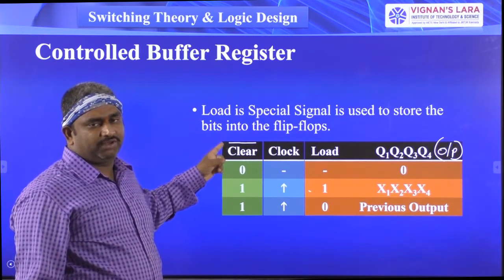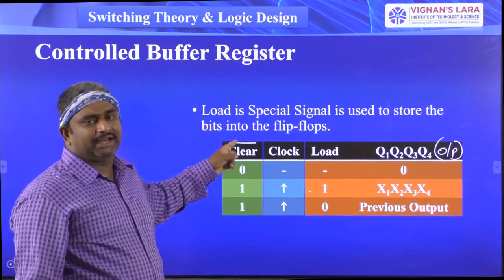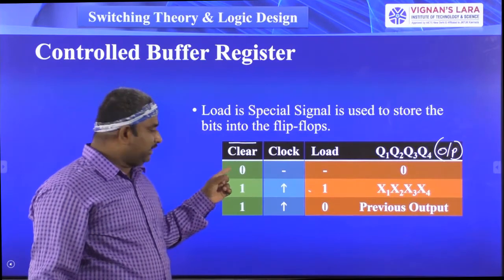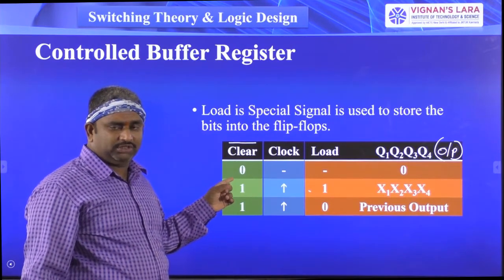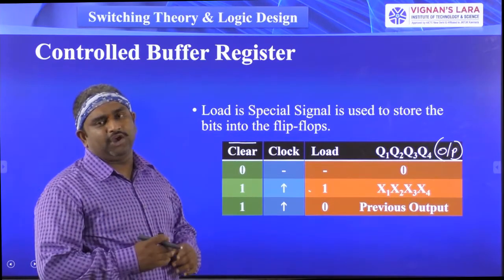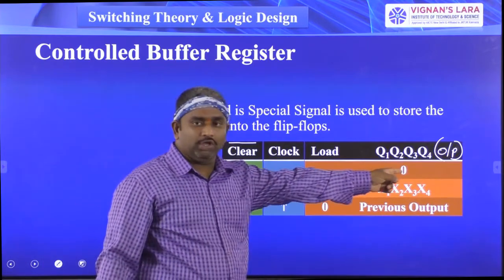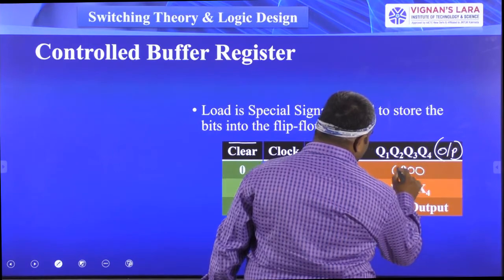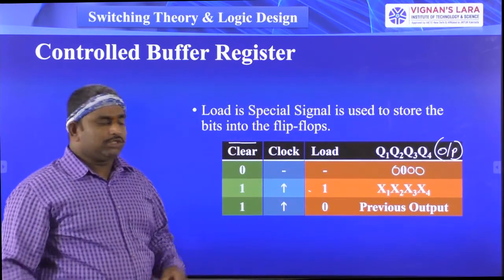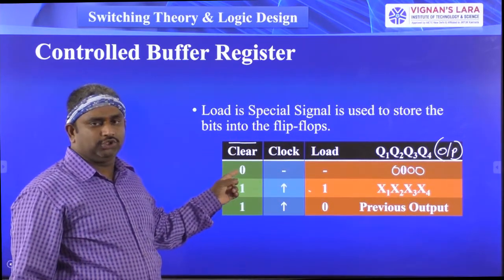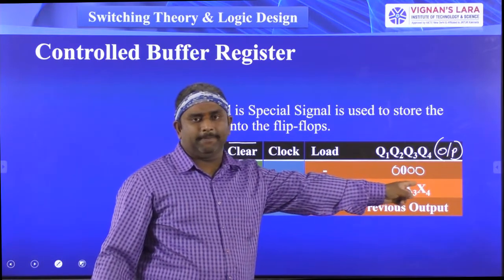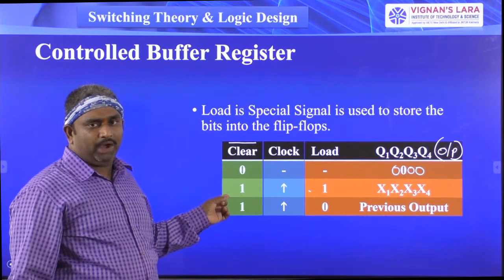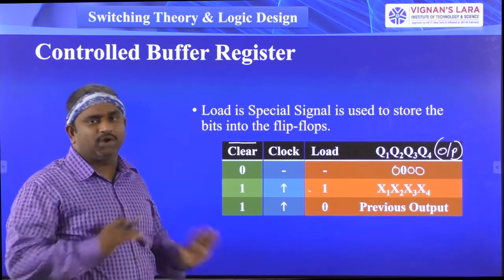When the clear bar signal is equal to 0, all the flip-flops go to 0. The outputs of the flip-flops are 0, 0, 0, 0, four zeros. When you give clear equal to 0, all flip-flops show four zeros as output.